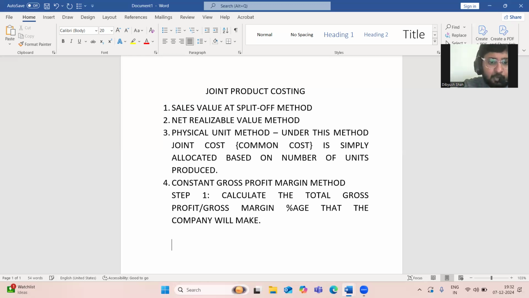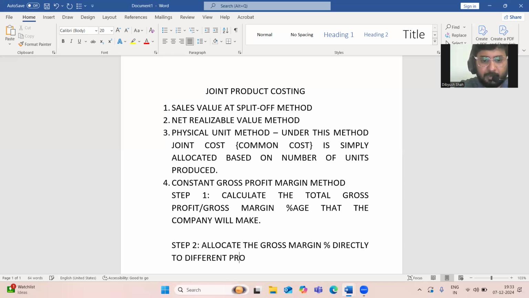Then, step two, allocate the gross margin percentage directly to different products.